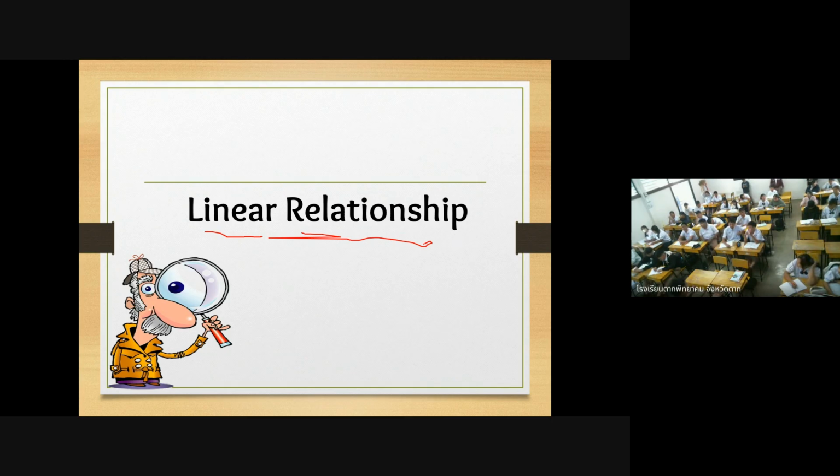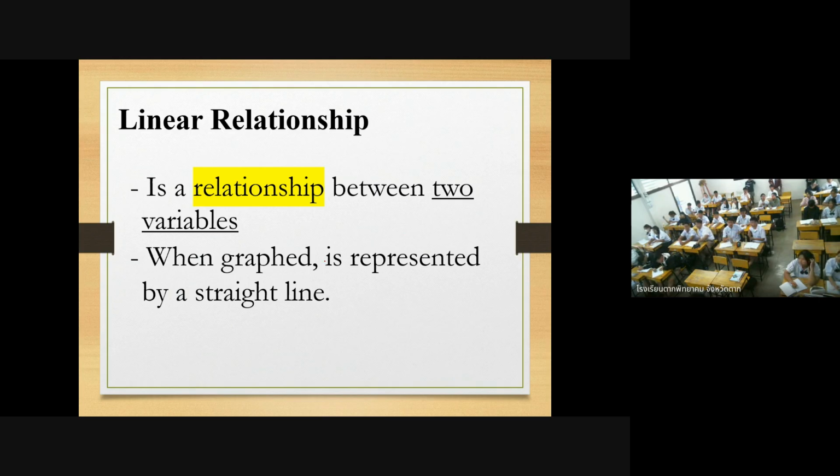Relation means there are values that we are associating with each other. Again, we're dealing with two variables. For example, a boy and a girl, we're associating the boy to the girl.